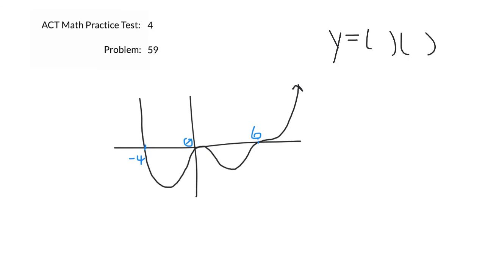And we know that there's three factors because there's three zeros. This factor here is associated with x plus 4. Okay. This factor here is associated with x minus 6. And this factor right here is associated with just x.